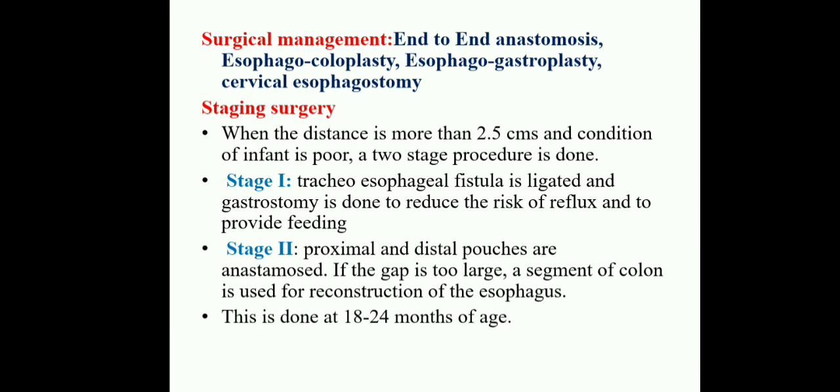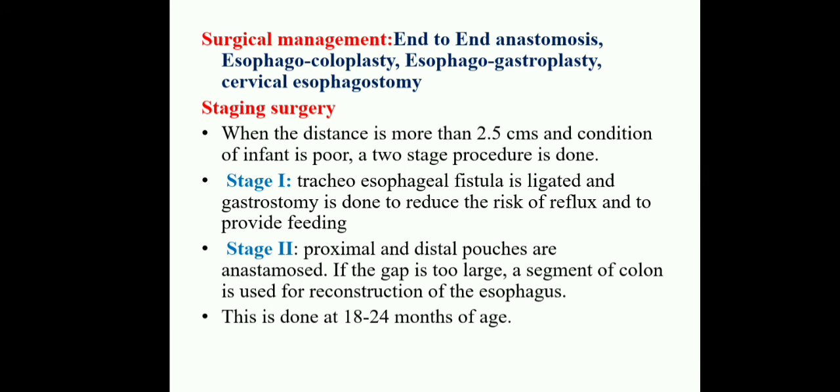And next, staging surgeries. Here they do the surgeries stage-wise, stage 1 and then stage 2. When the distance is more than 2.5 centimeters and the condition of the infant is poor, a two-stage procedure is done.